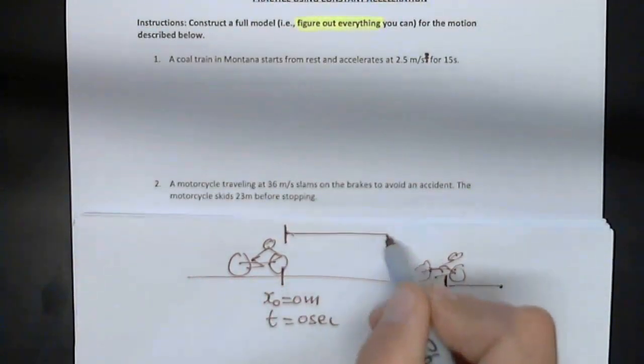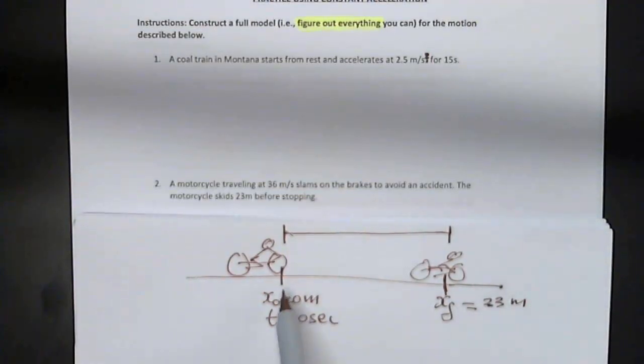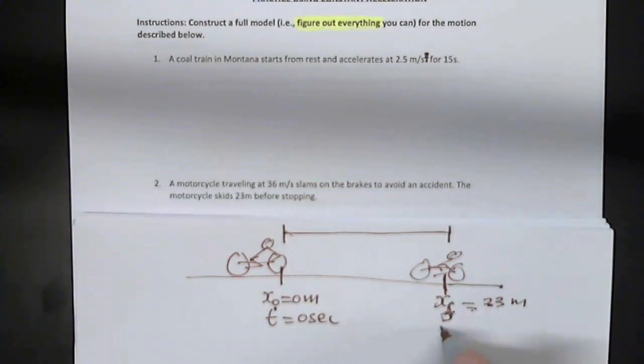And this displacement, this final position, is 23 meters from the initial position. So we could consider this to be the final position. At what time that happens, we don't know. How fast it's moving, we don't know.